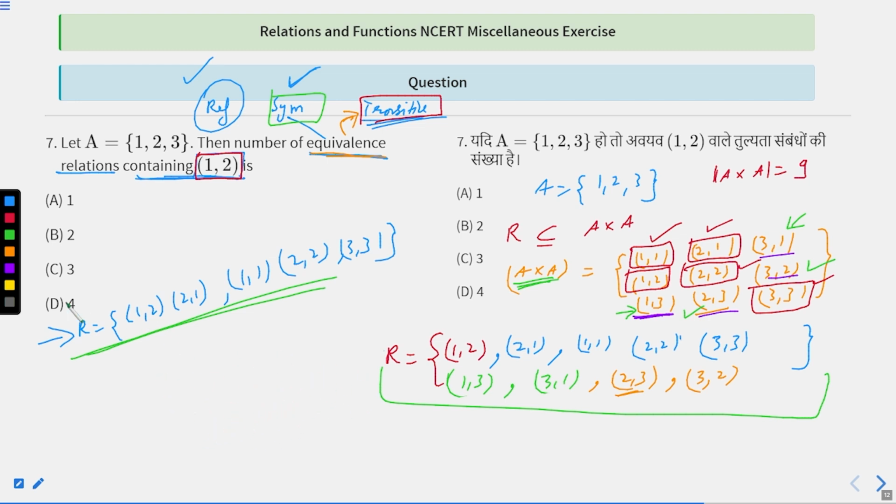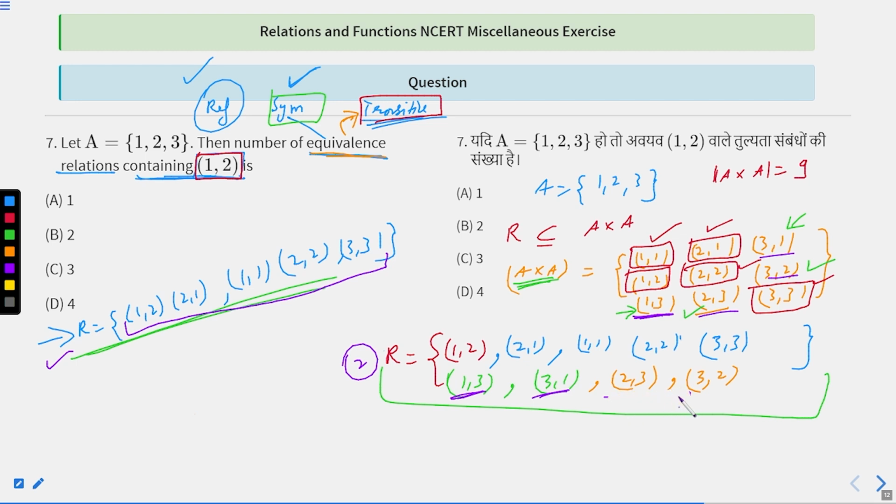And you cannot get any other relation apart from these. One is this one, second is this one. Why? Because, as you all know, these are the necessary elements. We started from this element, then added this, and then by transitivity added this, and then by symmetry added this.